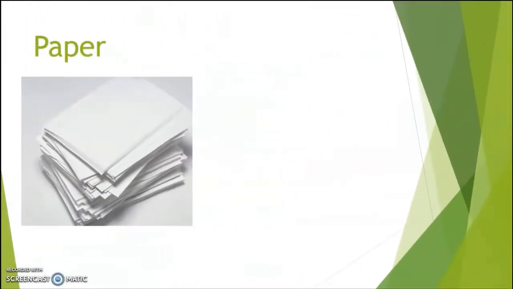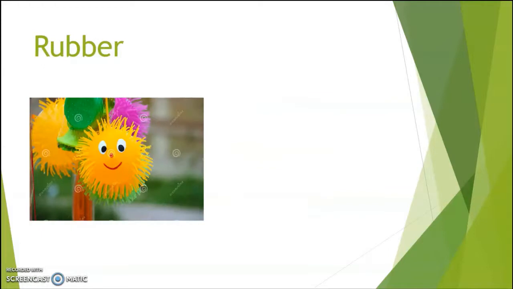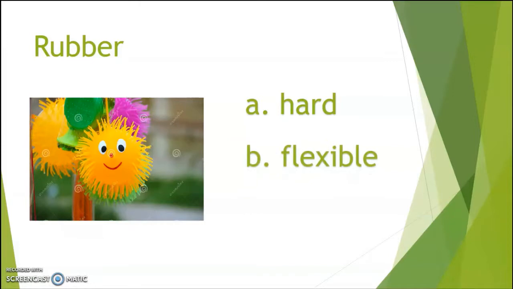Now the paper. Letter A, hard. Letter B, thick. Letter C, rigid. What is your answer? Of course, letter B. Now, the rubber. Letter A, hard. Letter B, flexible. Letter C, rigid. What is your answer? Of course, it's flexible. Okay.